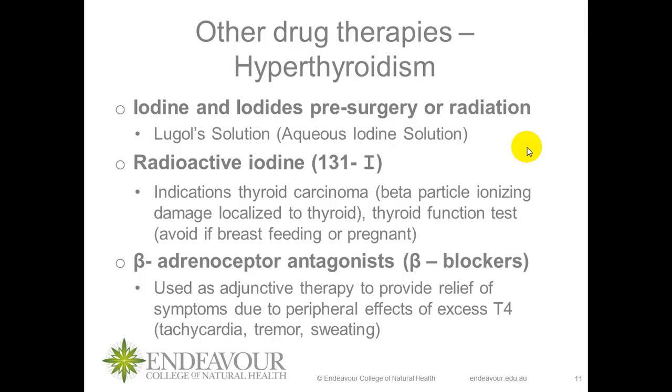T4 and T3 can act at adrenoreceptors and can mediate a faster heart rate. You'll also recognise that it is the sympathetic nervous system that leads to sweating. So these beta blockers are being used to treat the effects of the person's hyperthyroidism. The tachycardia, the tremor, and the sweating, they will block all of those symptoms, but it is merely symptom control and not treating the cause.